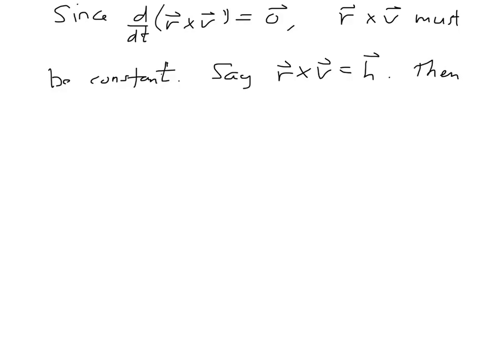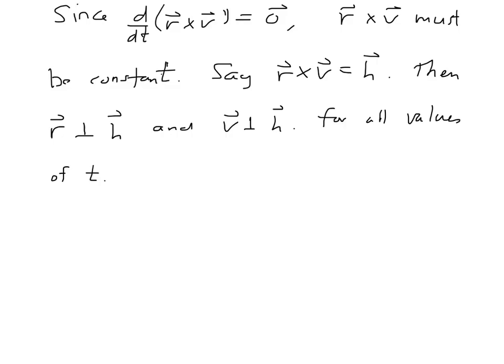Now what that tells me is that since h is the cross product of r and v, h and r have to be perpendicular and v and h have to be perpendicular. That gives us what we want, because we know that the motion of the planet is given by r and v, so those are both perpendicular to h.